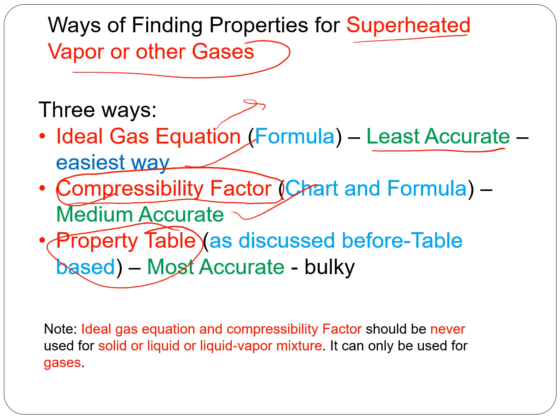The property tables are good, but they are bulky. You need so much data, and that's kind of bulky. So for superheated vapor or gases, the other option is to make use of the ideal gas equation, or the ideal gas equation with a compressibility chart.